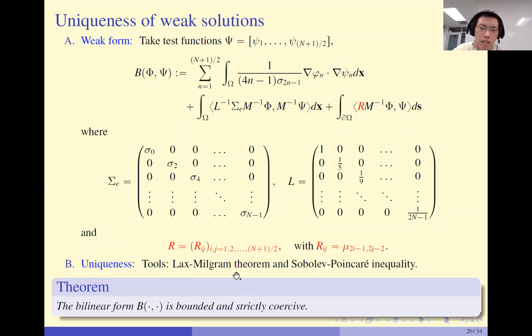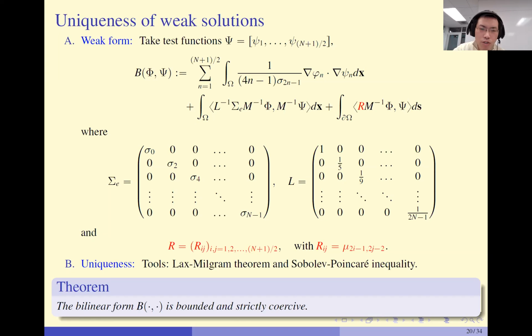And using the standard analysis, the Lax-Milgram theorem and also the Sobolev inequality, you can show this bilinear form is bounded and also strictly coercive, which shows the problem formulated in the SPN model is well-posed. So you can have the unique weak solution for this SPN model.